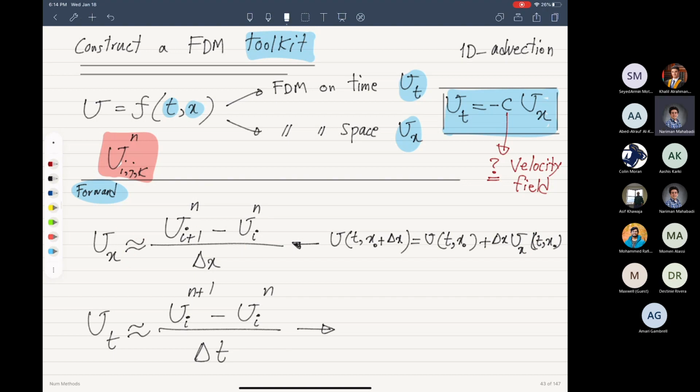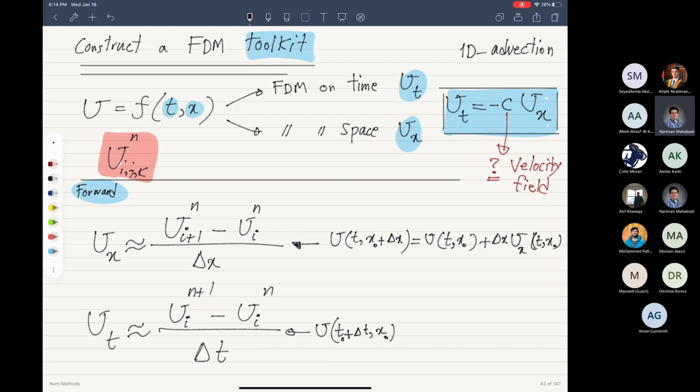And the same thing happens for time. So here I'm trying to find the unknown function in time at t plus delta t, and after the comma it's going to be x alone, x naught, and this is t naught.